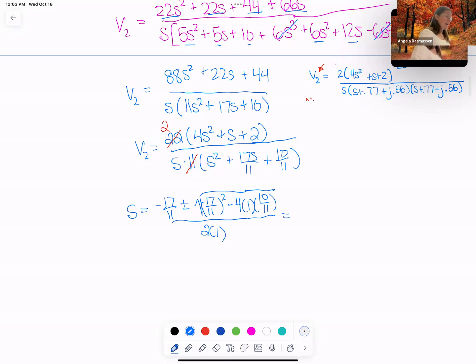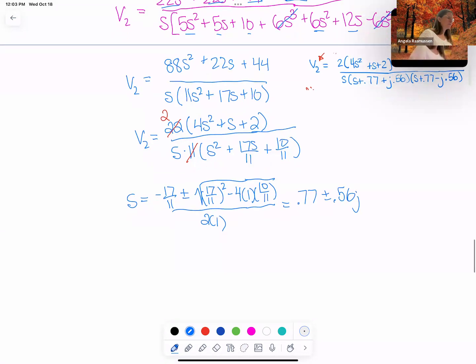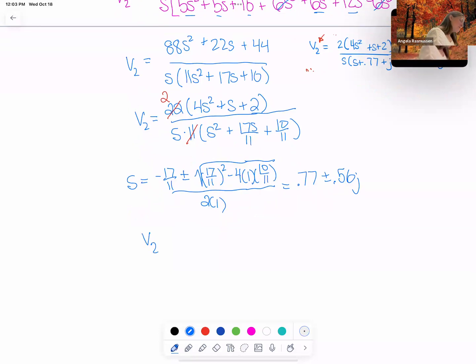So hopefully my math was right, and this ends up being 0.77 plus or minus 0.56j.